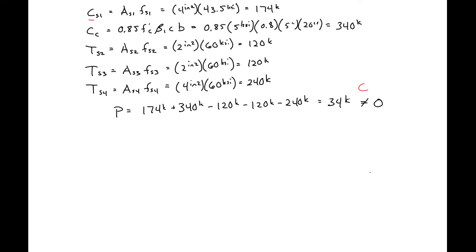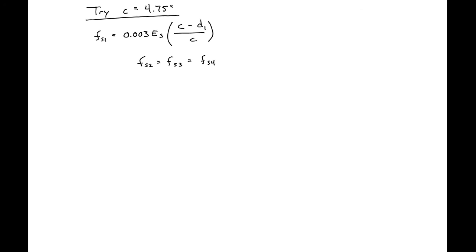To decrease our compression force, we will decrease our C. So we'll try decreasing C. We're pretty close to 0 though, so we're going to try just decreasing our C a little bit to 4.75.